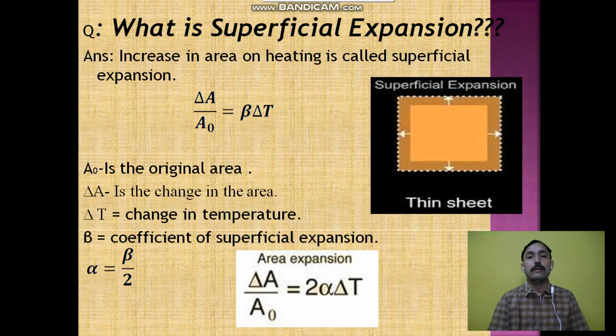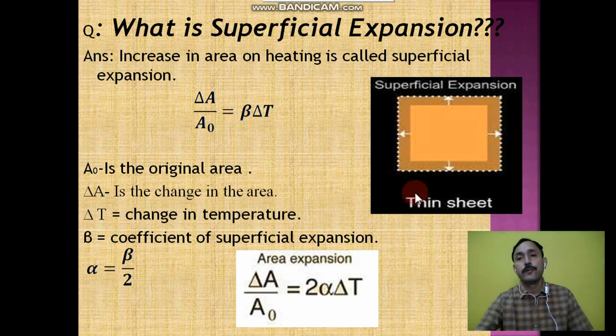Now we will discuss the second type of expansion of solid, that is superficial expansion. In this figure, this is a thin sheet. If heat is given, its faces, that means the length of the faces will increase. So the area will increase.